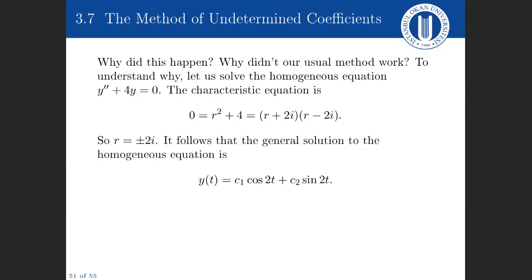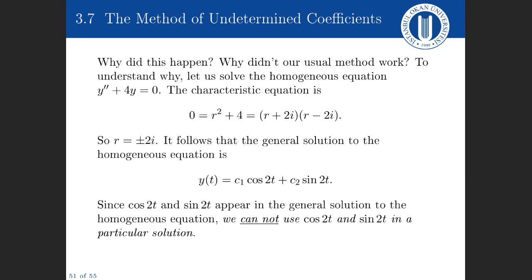So the general solution to the homogeneous equation must be c1 cos 2t plus c2 sin 2t. Because cos 2t and sin 2t appear in the general solution to the homogeneous equation, we can't use the same functions in a particular solution. If we try to do that, then we get what happened before. We just get equal to 0. And then we failed.